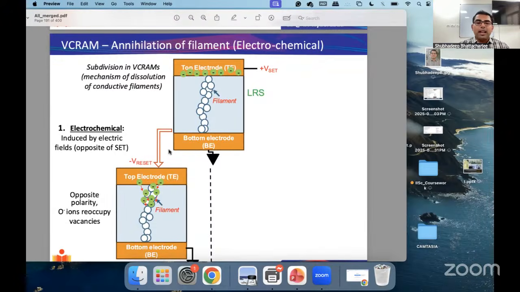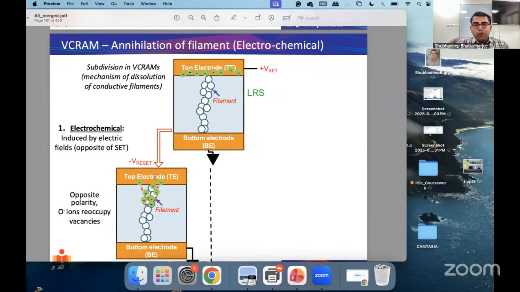So if you push them back, you have to apply a negative reset voltage. That is common sense, because if you apply a positive reset voltage, the anions will move further in the direction of the top electrode. But if you apply a negative reset voltage, that will give these oxygen anions a push to go back inside the solid electrolyte or metal oxide.